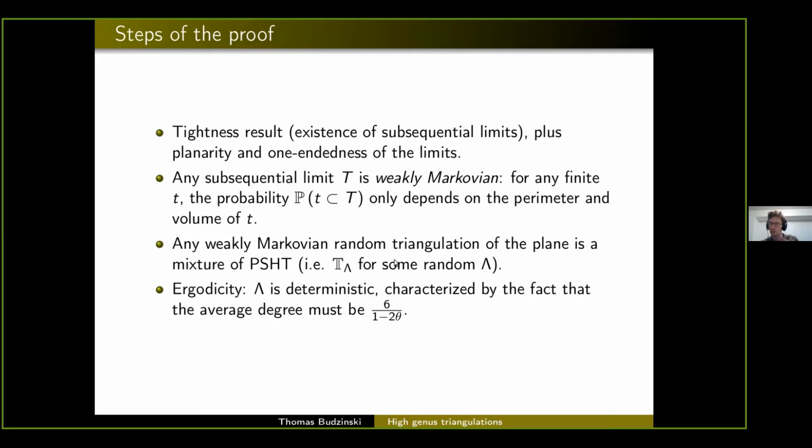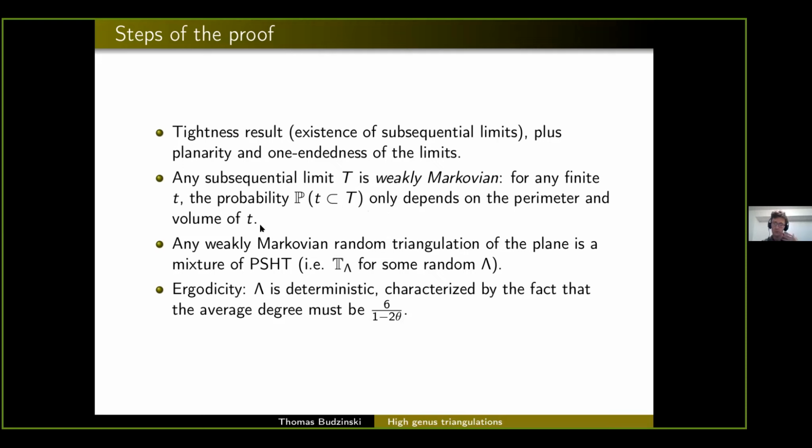So it's a weaker version of the spatial Markov property of the OIPT, because here we have no idea what this probability could be. But we know that it can only depend on the perimeter and the volume, because this probability is given by the number of possible ways to fill the hole, and the hole has a certain perimeter.